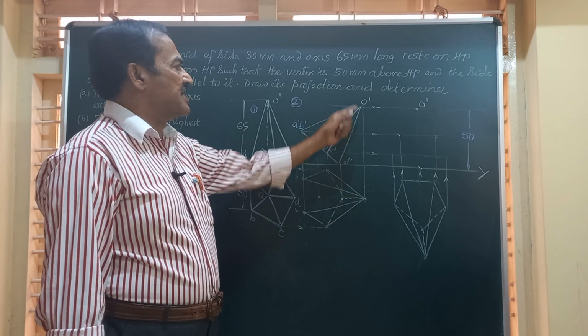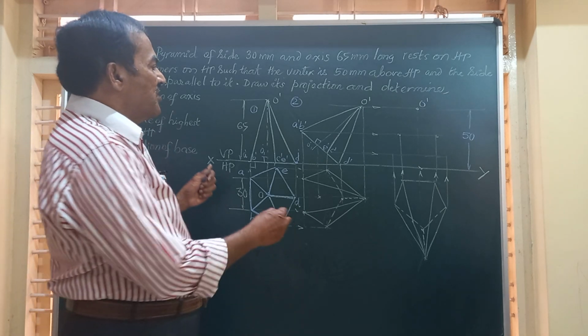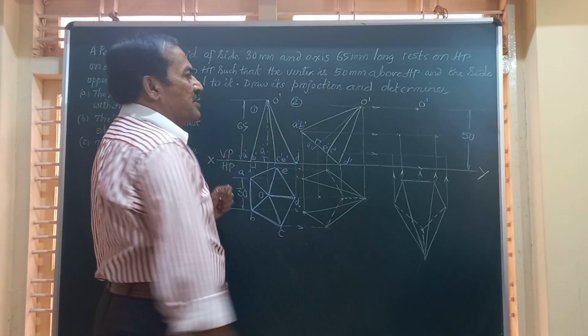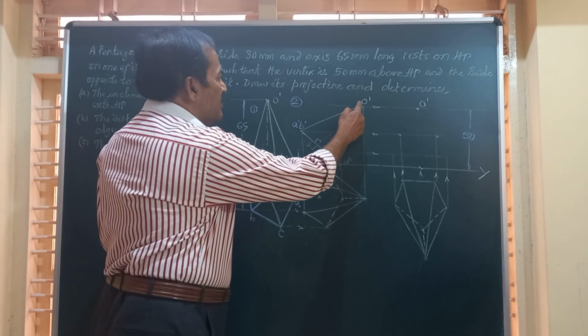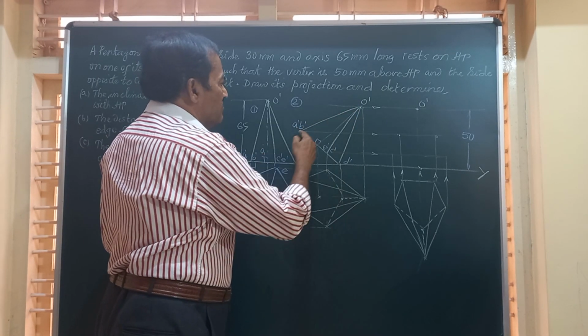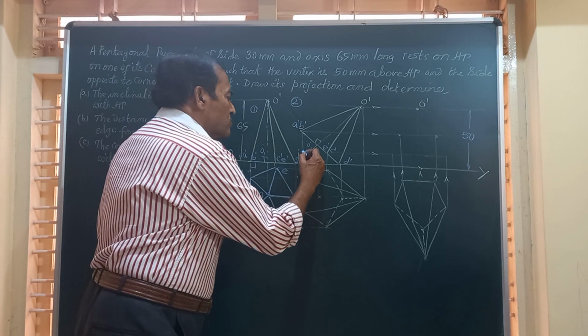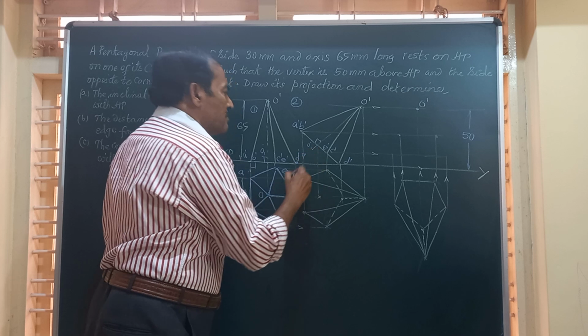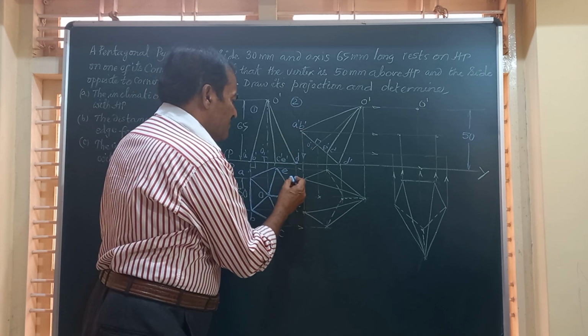And friends, after obtaining this front view, that is after redrawing this figure 1 as figure number 2 with the vertex at a height of 50 millimeter above HP, we are going to obtain the corresponding top view. So you can see here, friends, this line O dash A dash, O dash B dash are visible in the top view. So let us take these points one by one. Let me start with A and B. Draw a vertical line from A dash, a horizontal line from here.